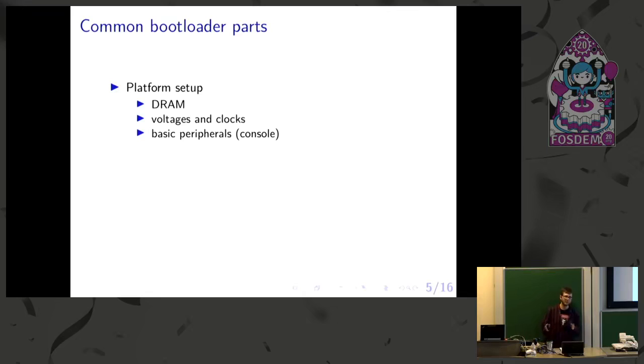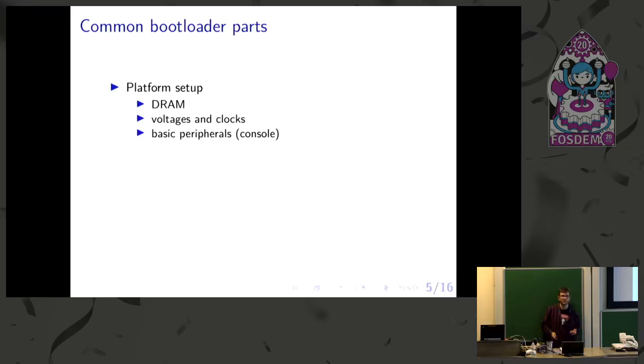You know, you build a PCB, you smash an SoC onto it. To boot it, you need a bootloader. Just to repeat, I mean all the code that is loaded from ROM that runs until Linux kicks in. So that's what I consider a bootloader.